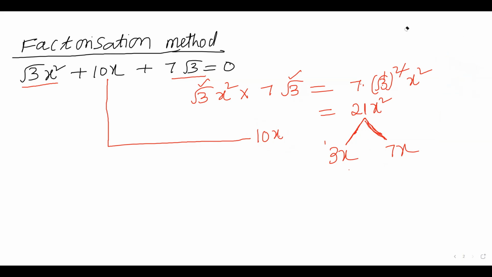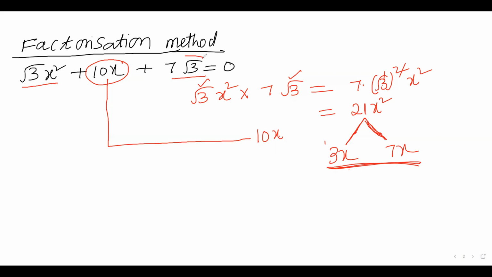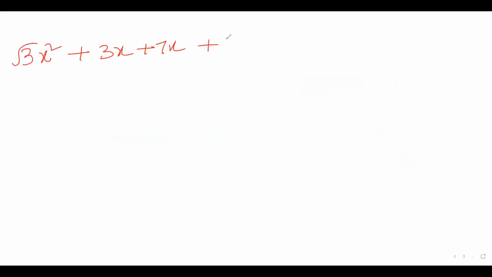Okay. Now this 10x will be written as 3x plus 7x. Let us write in the next page. √3x square, 10x is written as 3x plus 7x, and lastly we are having 7√3 is equal to 0.